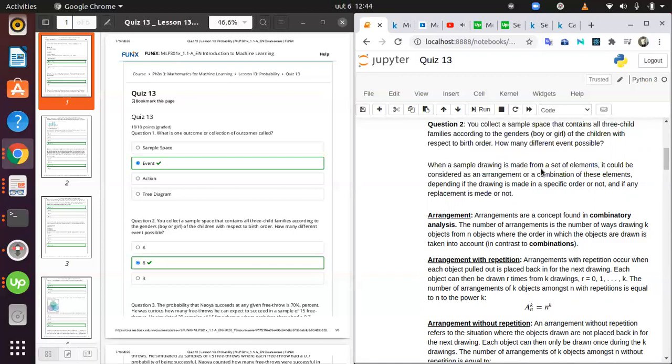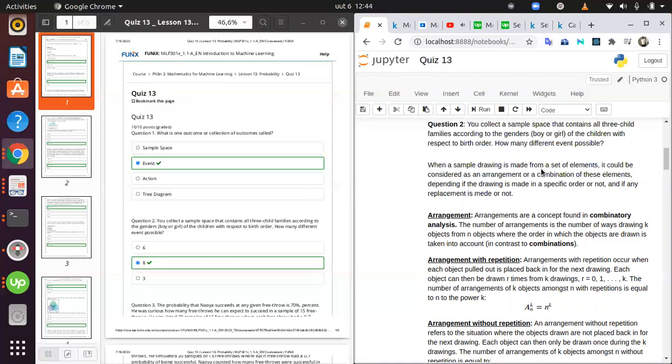But what we are trying to see here is if it is a boy or a girl, and we are taking three of them. So there is a possibility that we have two boys or two girls. So the elements are repeating, so it's with repetition. Oh, I got the concept. Okay, with repetition for sure then.